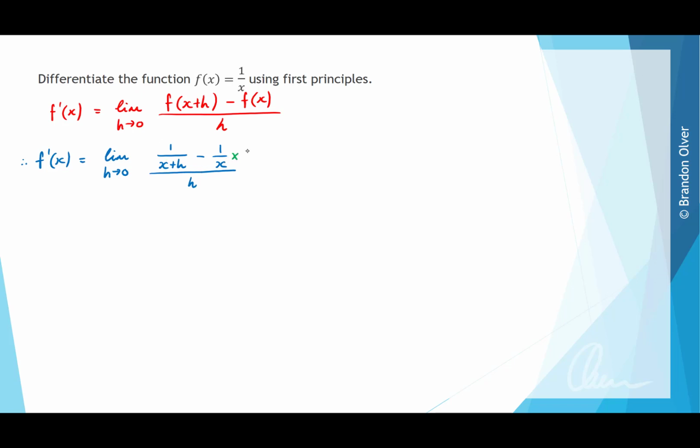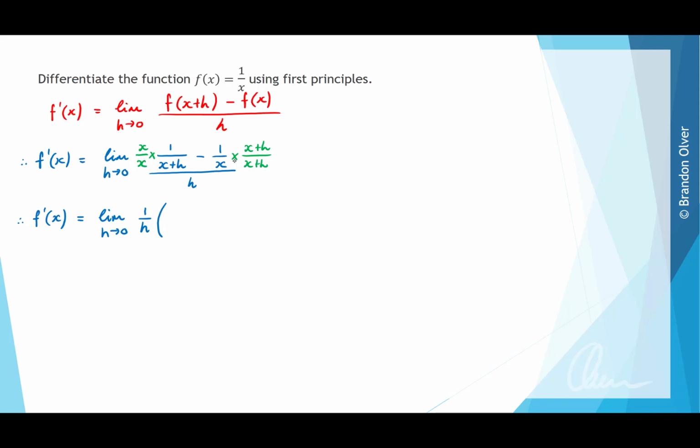So we're going to multiply this by (x+h)/(x+h), and we're going to multiply this fraction by x/x. Therefore, f'(x), our derivative, is going to equal the limit as h approaches 0. And now instead of this divide by h all the way at the bottom, we're going to write that as 1/h out the front.